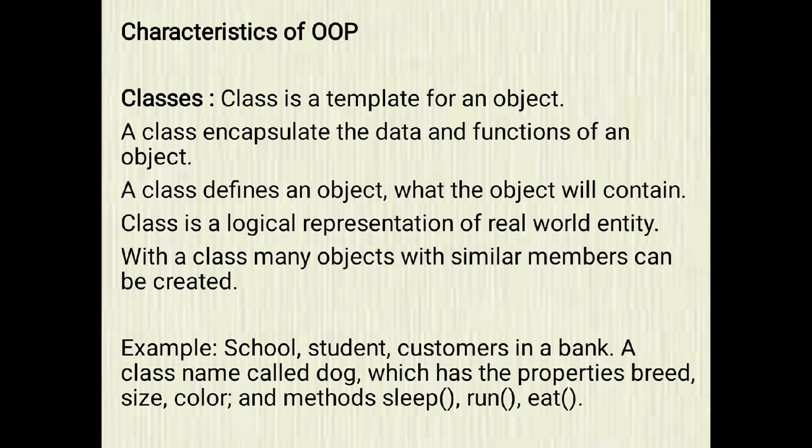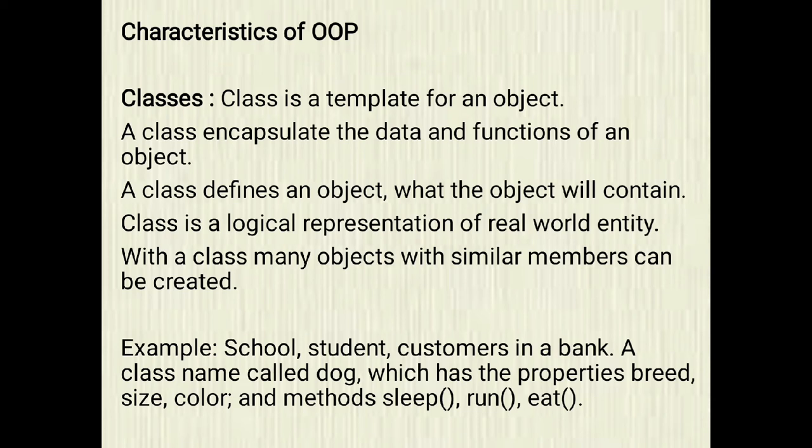A dog sleeps, a dog runs, a dog eats. Using these functions, or methods, the properties of the dog can be processed. With a class, many objects with similar members can be created.